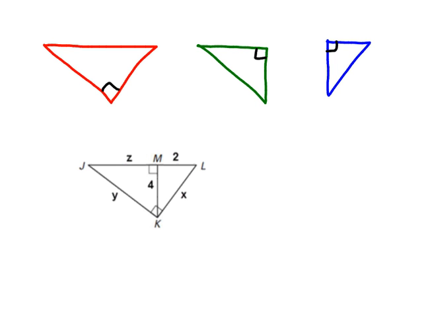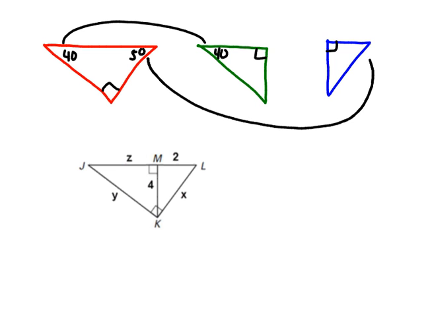So I'll call this one, let's see, this looks like 40, this looks like 50. And then these two are the same. So this is 40. And then these two are the same. So this is 50. That makes 40. This is 50. And that's 40. All right.